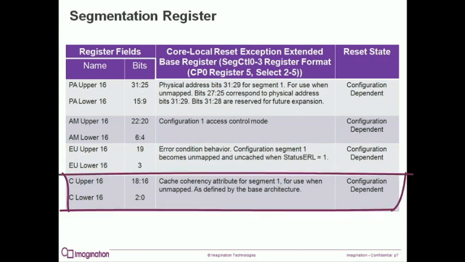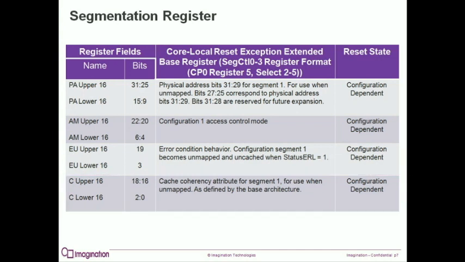And last, the cache coherency of the segment when it is configured unmapped. The default reset state of these fields depends on the Use Legacy Mode selection at core build time. The settings will be covered in later slides. The next slides will go into detail on these fields.